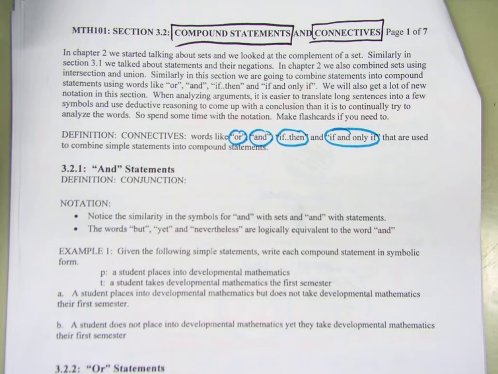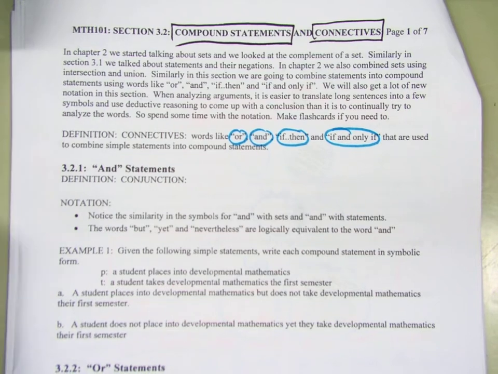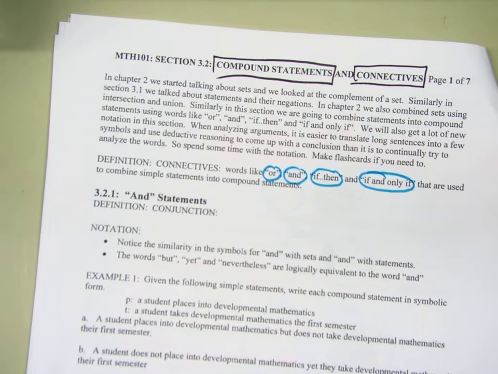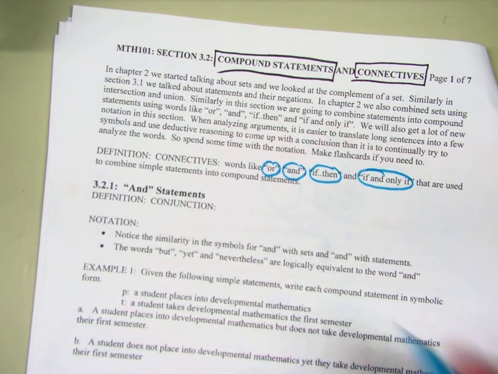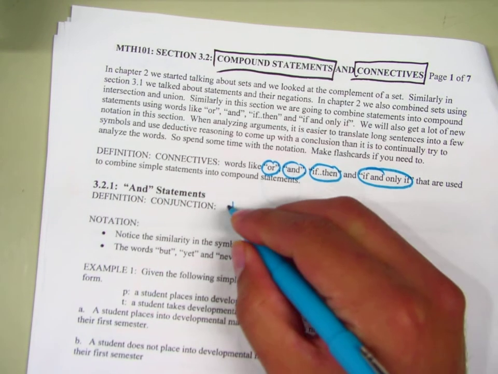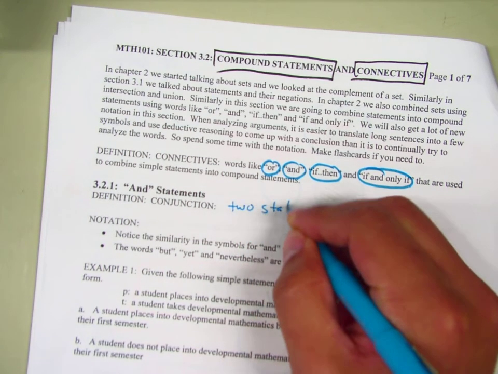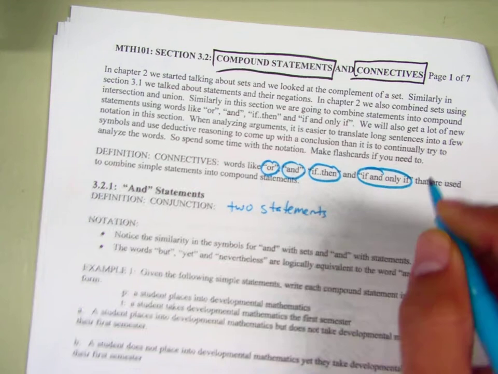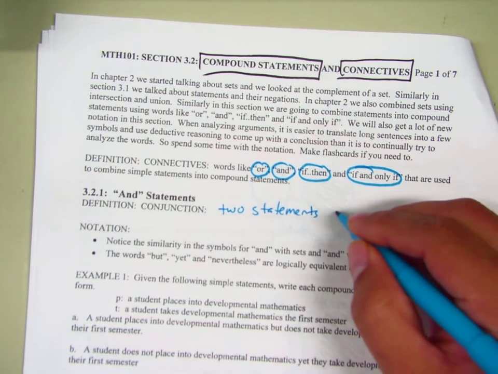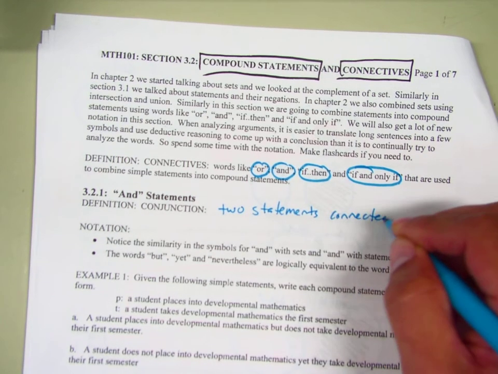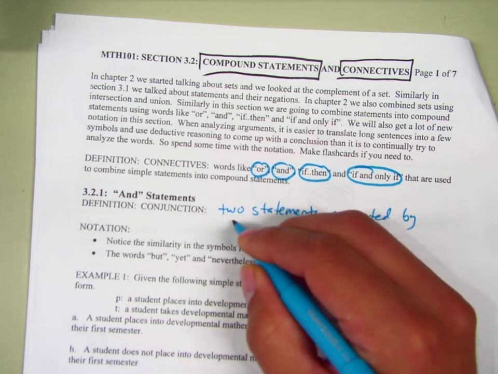Anytime we connect 2 statements, now we have a compound statement. Okay? Conjunction is just 2 statements connected by the word and.